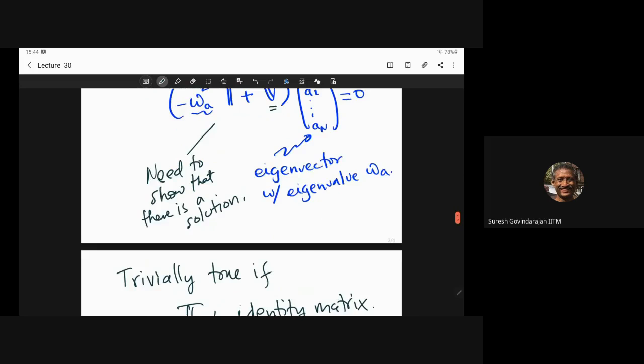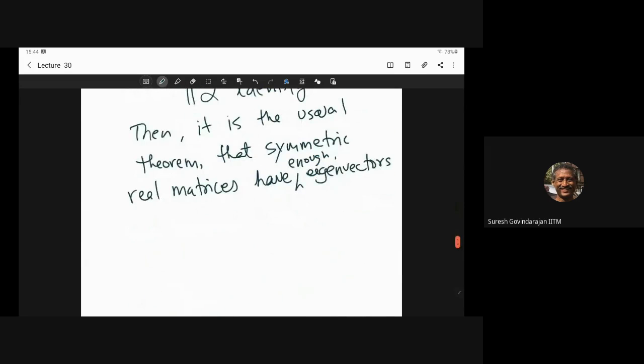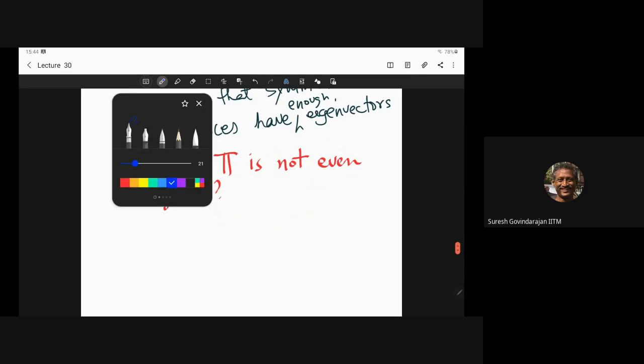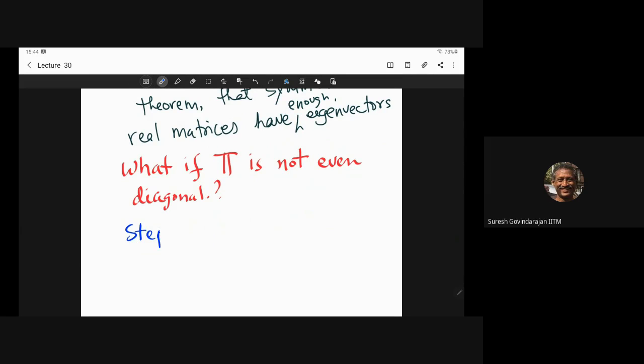Okay, so now the question is, what if V is not even diagonal? Okay, so we'll do it in two steps. Step one, make T diagonal.